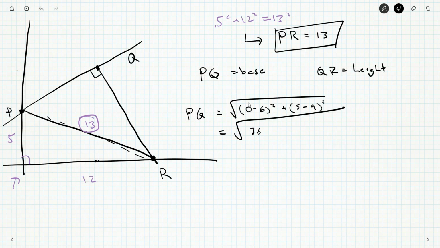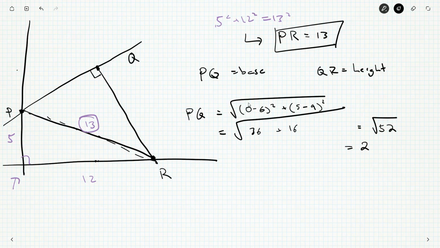So that'll be 36. Oops. 6 squared is 36. So it looks like PQ is bigger than 5. 36 plus 4 squared is 16. And that... Oh, you know what? No, I do. I was about to say I just need PQ squared, but I don't. So it's going to be square root of 52.